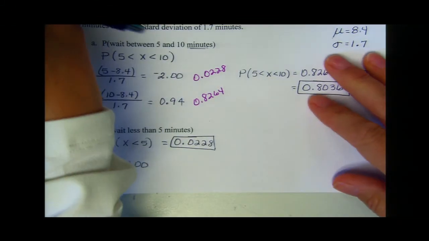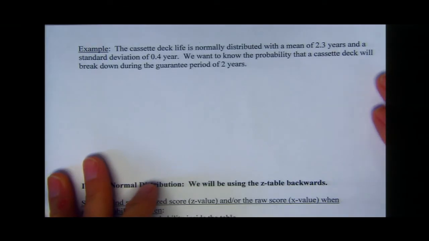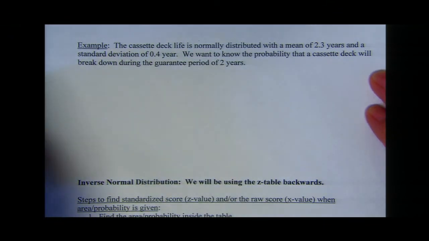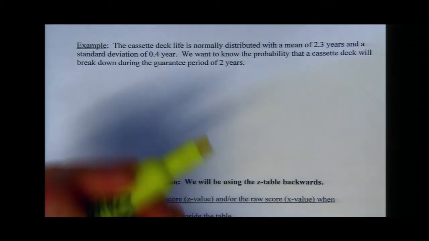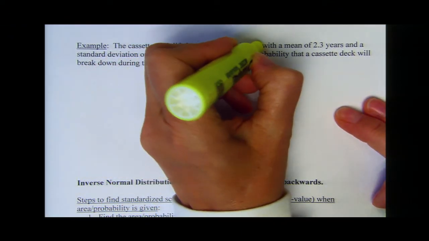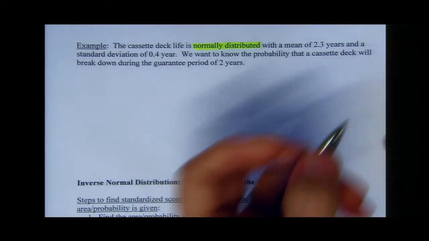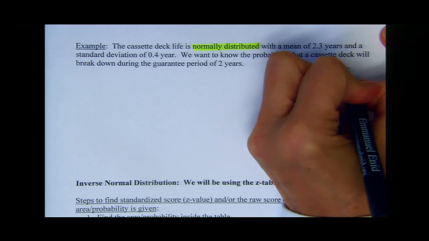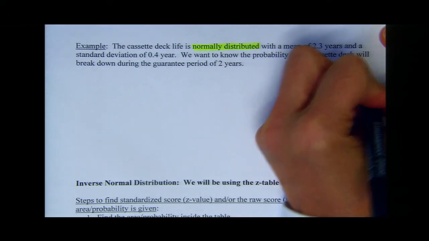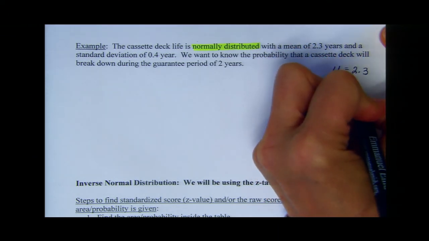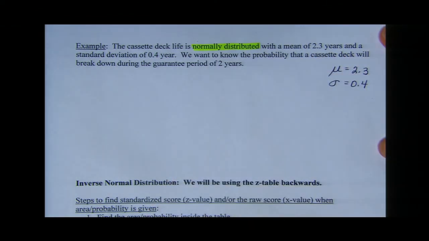All right, another example. The cassette deck life is normally distributed with a mean of 2.3 years and a standard deviation of 0.4.